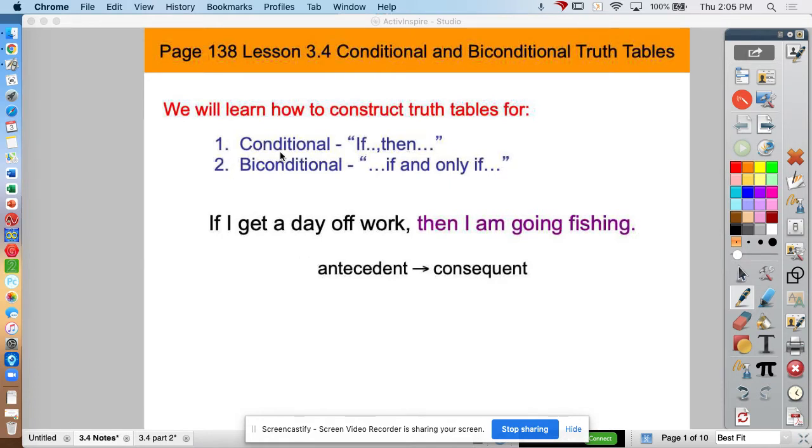Okay, so let's discuss here just a little bit, take a step back. When we talked about conditionals, remember that's an if-then statement. When we talked about biconditionals, that's when you have if and only if in between two thoughts. Remember that we have the rules right now.